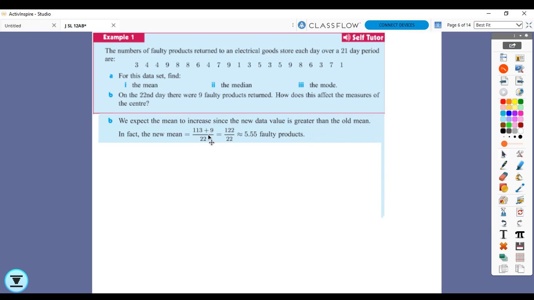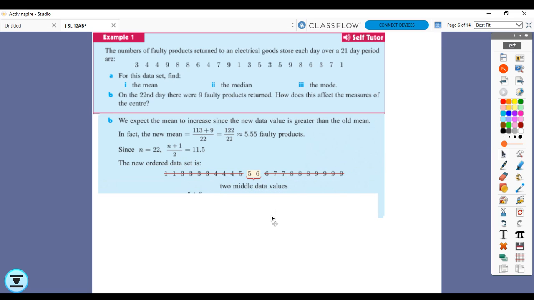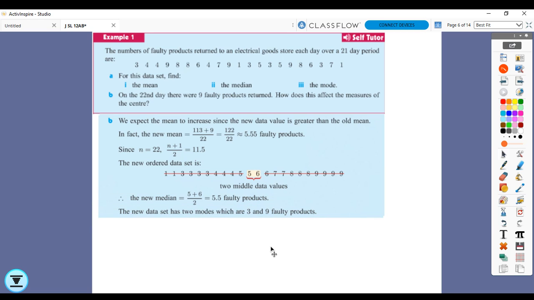When we find the new mean, we add 9, and now we have 22 days, so it's up to 5.55 faulty products. We now have an even amount of days, so we have to average the 11th and 12th day. The median is now 5.5, and now there are two modes, which are 3 and 9.